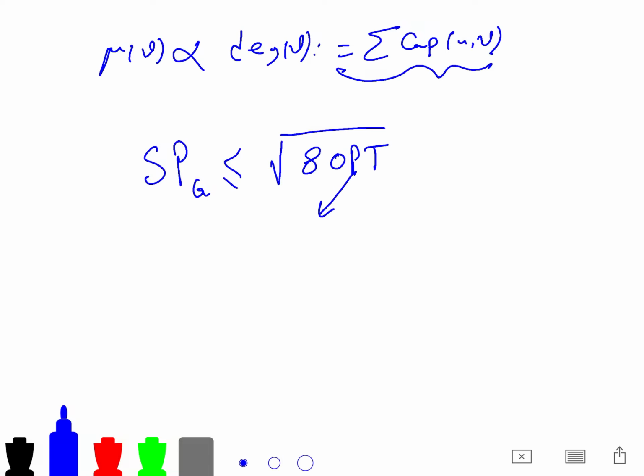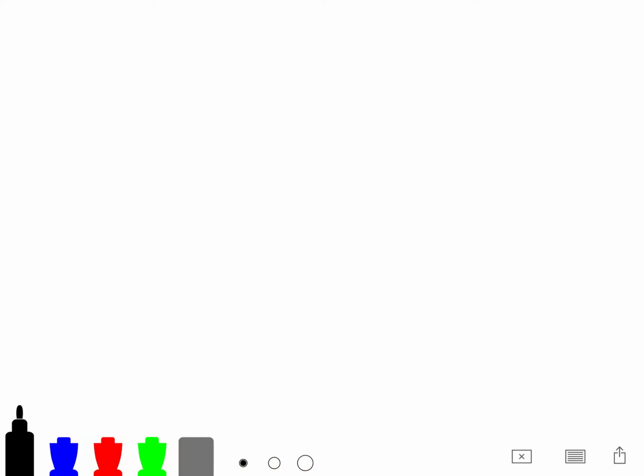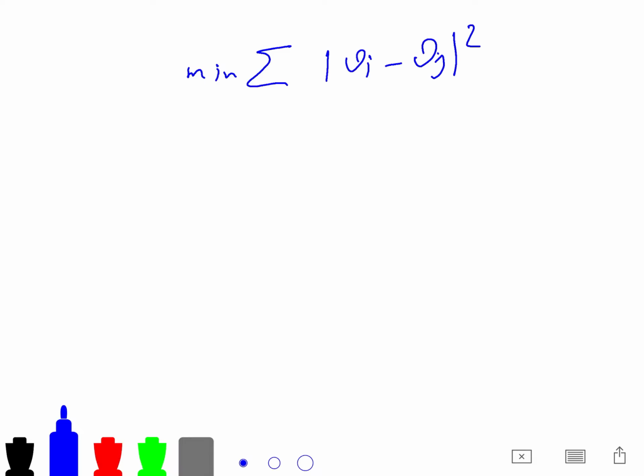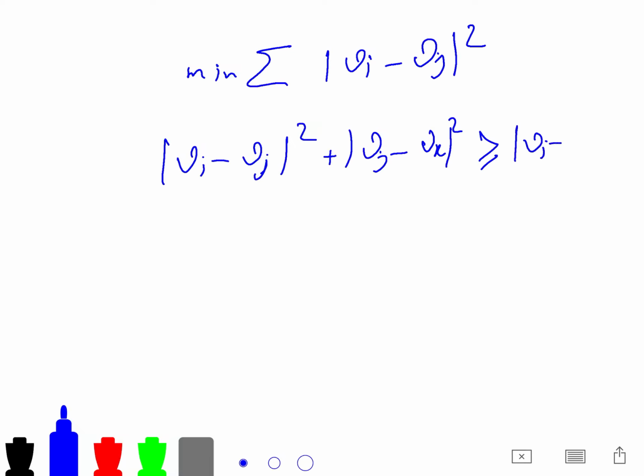And as you have seen, if you have seen my lectures on approximations, I talked about the simplest type of sparsest cut relaxation that I used for SDP. You just minimize Vi minus Vj squared subject to this triangular inequality. Vi minus Vj squared plus Vj minus Vk squared is just the triangular inequality.